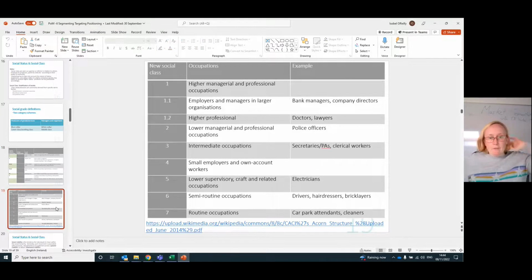Now, a further update on the social classes expanded. As you can see, we've got 7 levels, and level 1 has 3 subdivisions in it. So it's further moving with the times a little bit and taking more into account. And I'm going to keep saying it, it isn't meant to be judgmental.